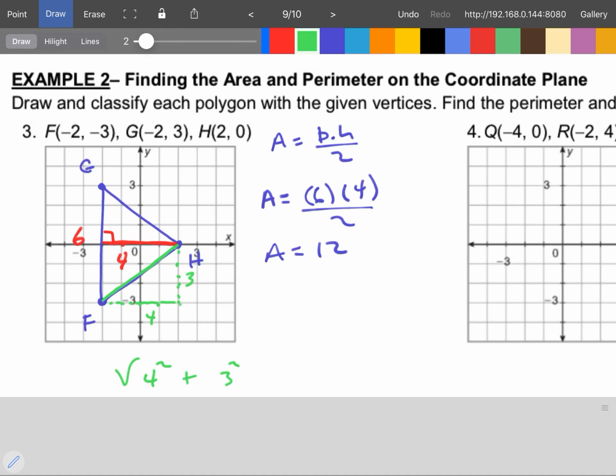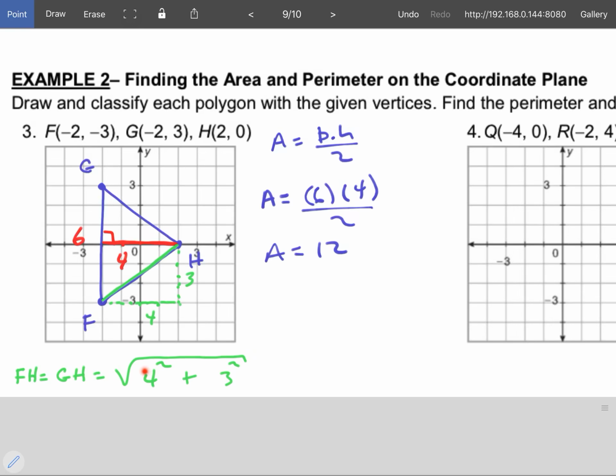So that would look like this. And that would be the distance from F to H, which would also equal the distance from G to H. Well, if you look at this, 4 squared, that's 16. 3 squared, that's 9. If you add those together, that's 25.